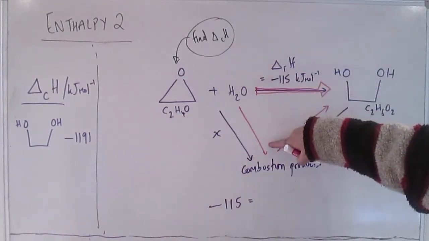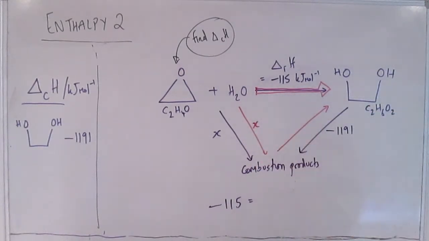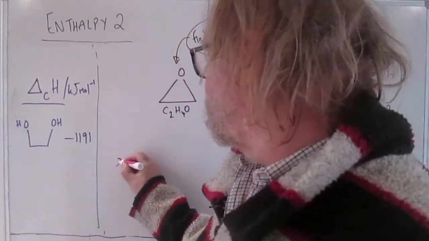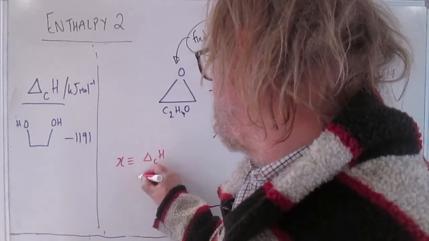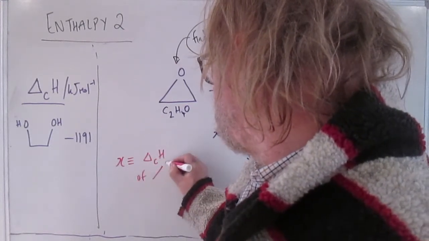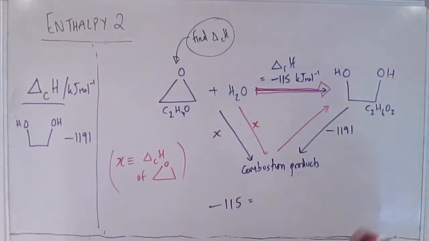The first leg of the journey is exactly the same as this one, arrows going the same way, so the delta H is the same, it's just X, where X, remember we've defined, is the delta H of combustion of epoxy ethane. So that's our number that we're going to find at the end.